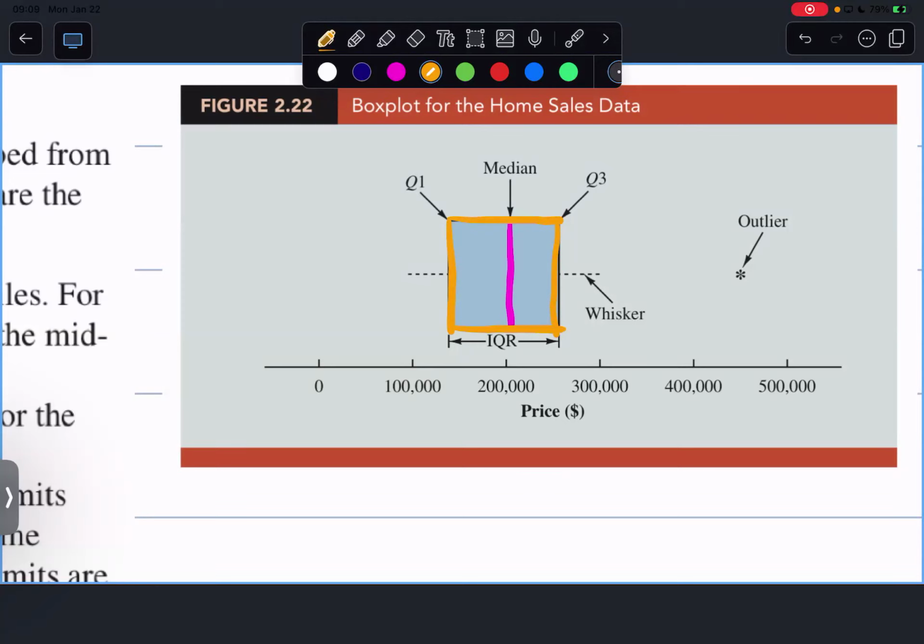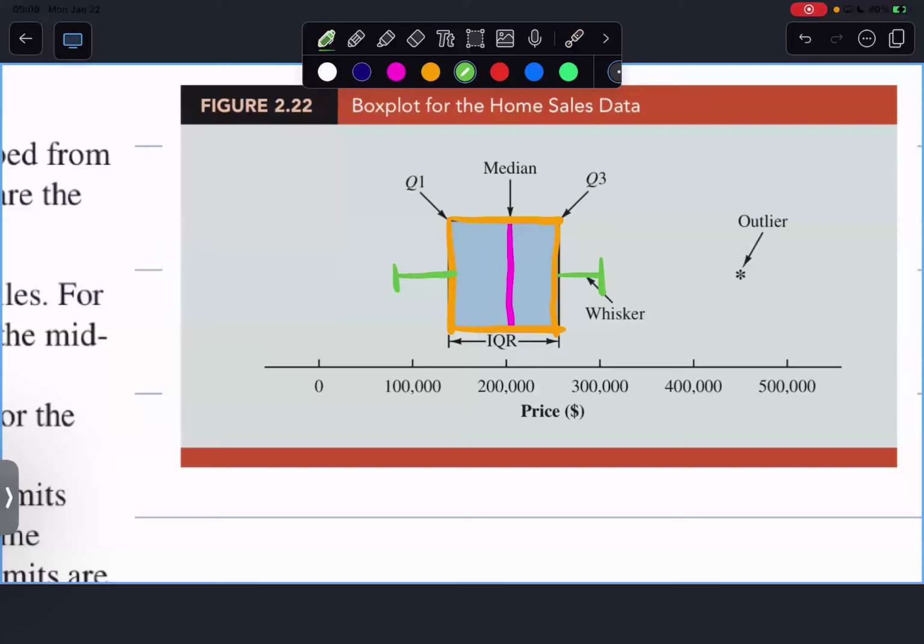And then what we're going to do is find what are called whiskers, which is kind of cute. And so what happens is you draw your whisker, and often a whisker is drawn like this, but could look like this. I'll draw it like this. So what happens is you're only going to draw actual data points, but you found these upper and lower bounds.